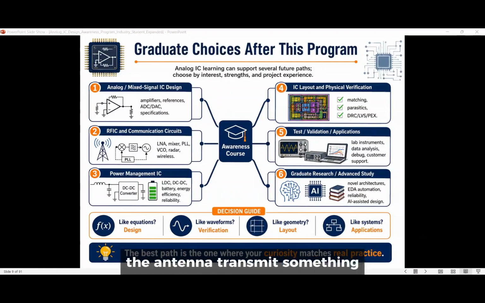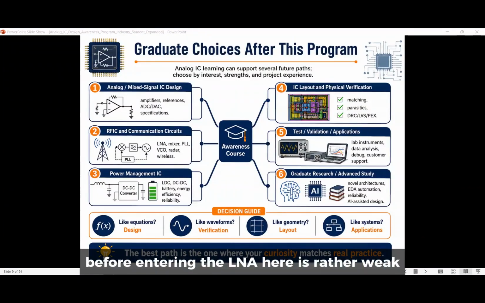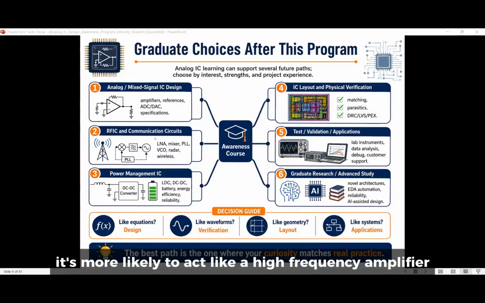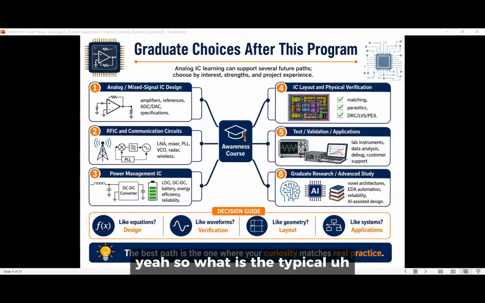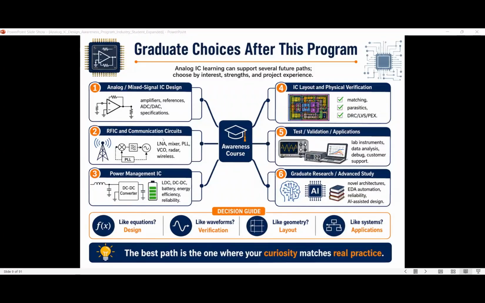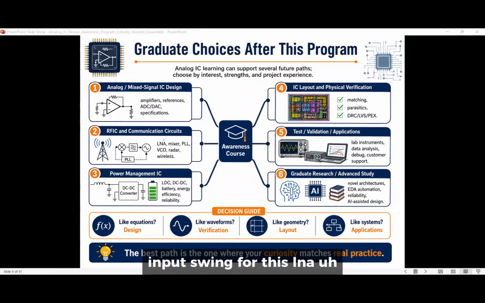The antenna transmits the signal, and because of the high loss of free space, the signal amplitude before entering the LNA is rather weak. So the LNA is not operating like an operational amplifier. It acts more like a high frequency amplifier to boost the voltage swing of a rather small signal. What is the typical input swing for this LNA?